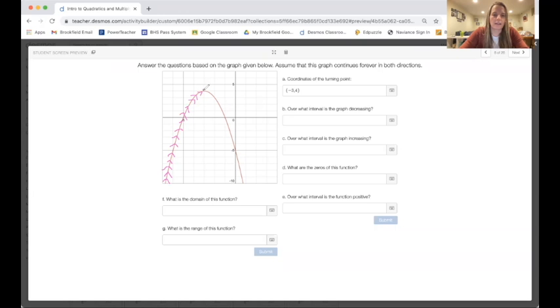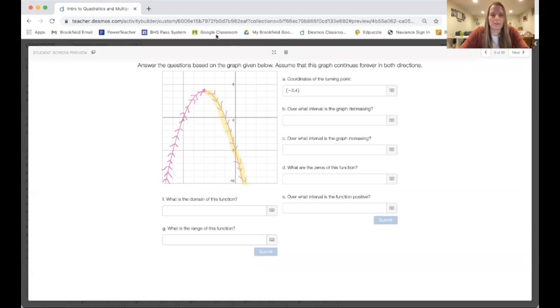So I get to the turning point and then I start to decrease. The graph starts to go down. So from the turning point to forever, it's going to decrease forever on this side of the graph, right? So strictly decreasing on the right side of the graph here.